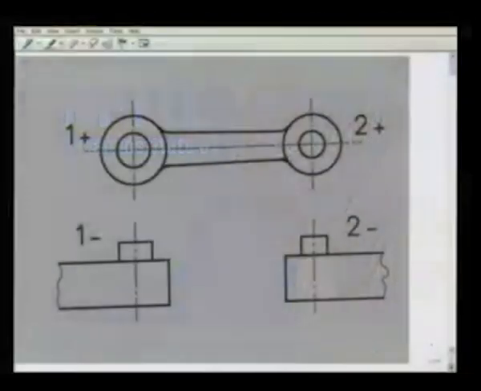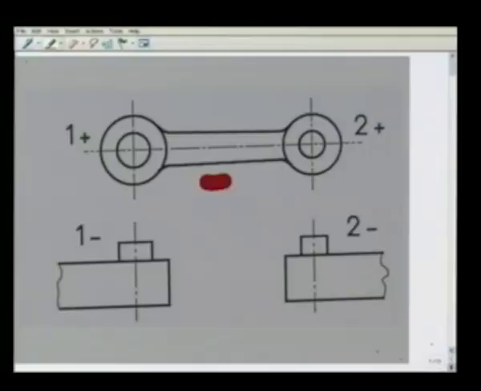Towards this goal, let us consider this figure. In this figure, we see there is one link which is connected to two other links through the revolute pairs here and here.